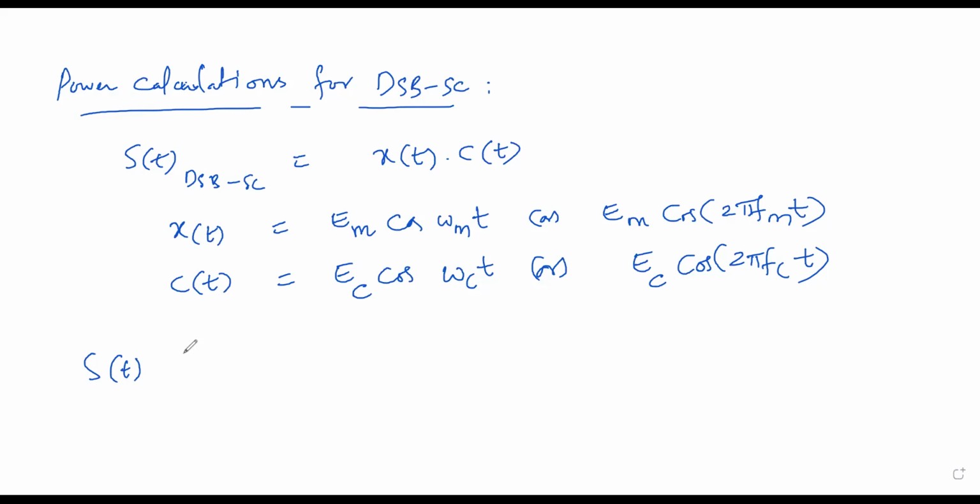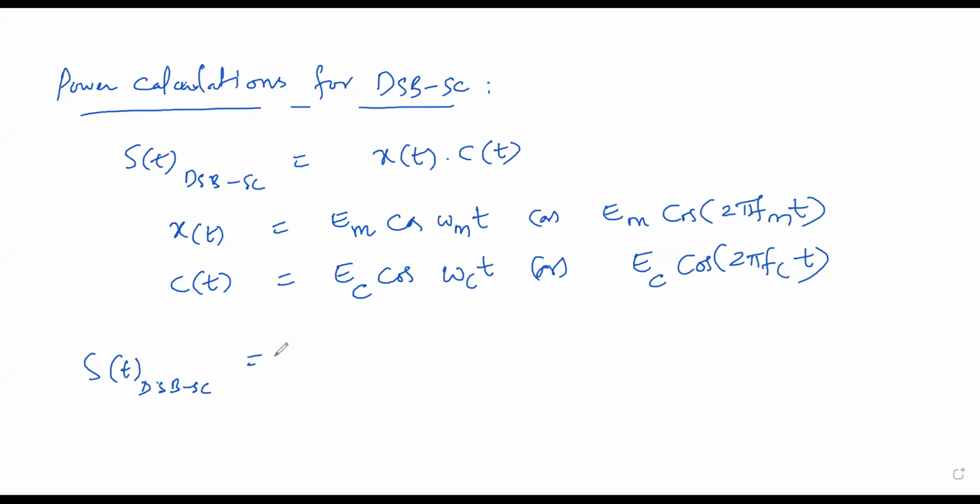And we have calculated the power of each component by taking the RMS value of the amplitude, right? Power is equal to the square of the RMS value of its maximum amplitude. So based on the same concept, we are now trying to get the expression for power.